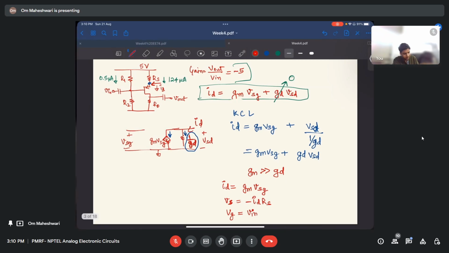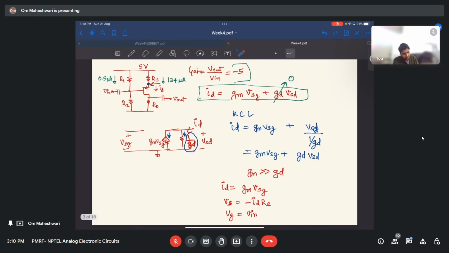I am doing this small signal analysis, so that is why I'm ignoring this 5 volts and everything else. And this ID is the AC current, not the DC, because we are finding the AC gain. This ID is also AC. These voltages are also AC voltages, not DC.